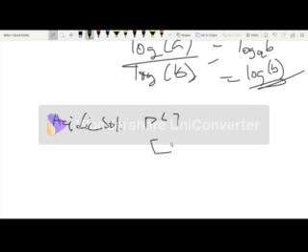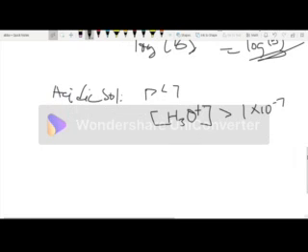Because the concentration of the hydronium ion, sorry, I put it in the wrong way. The concentration of the hydronium ion, right, it's going to be greater than 1 times 10 to the negative 7, right? Now that is the main reason.